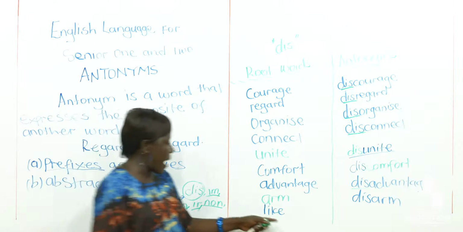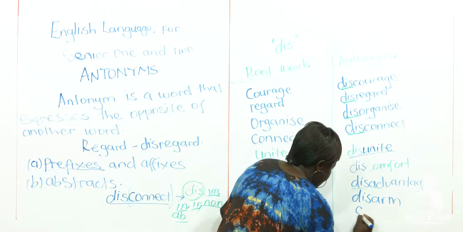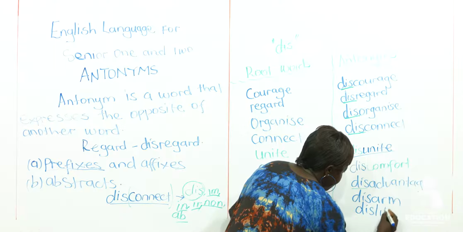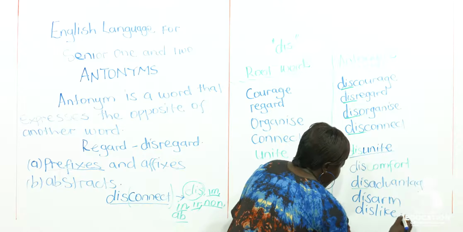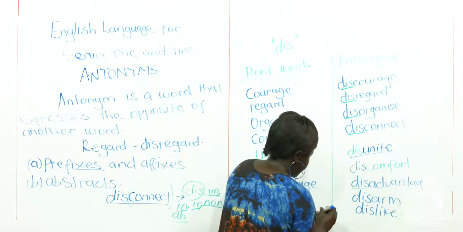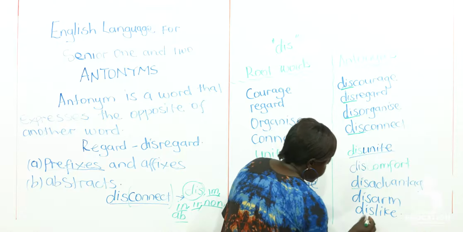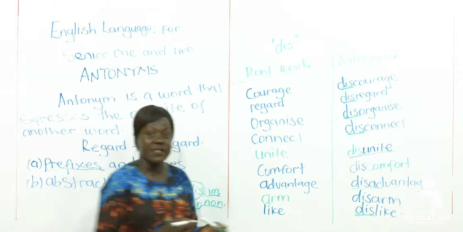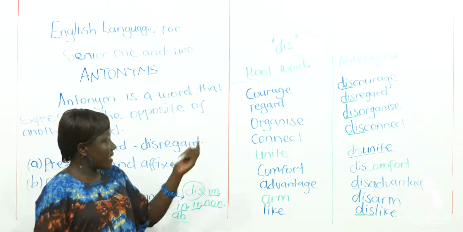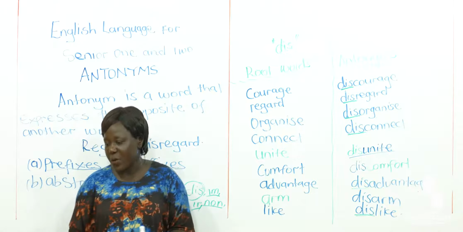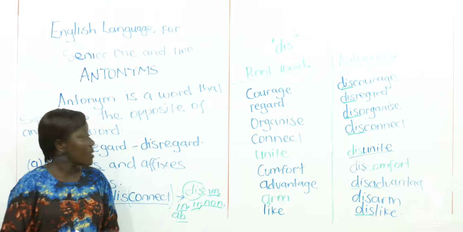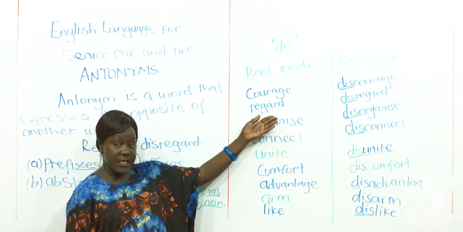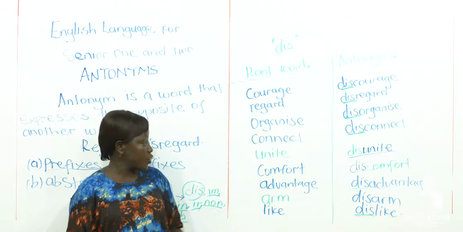So it will become dislike. I dislike that dress. I dislike that person. You would have formed opposites by just adding prefix this. Let us look at more examples before we say this is now the lesson for today.